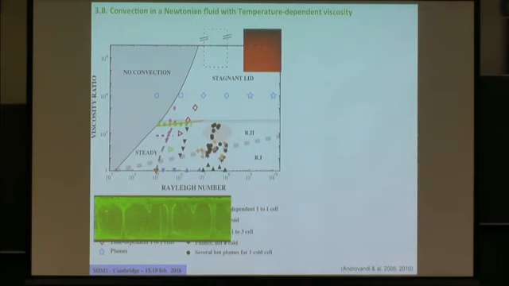The message here is that if the viscosity ratio is greater than 10^4, then you're going to be in a stagnant lid regime, so that your cold thermal boundary layer is so viscous that it's not going to be involved in the convection.